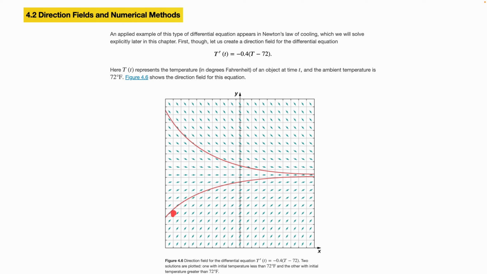Okay, so what we have here are two different solution curves depending on what we wanted to assume that we're starting with as the initial temperature. Is it less than the ambient space? Is it more than the ambient space? And when looking at these solution curves, you should notice that they follow the shape of an exponential function. This is Newton's law of cooling.